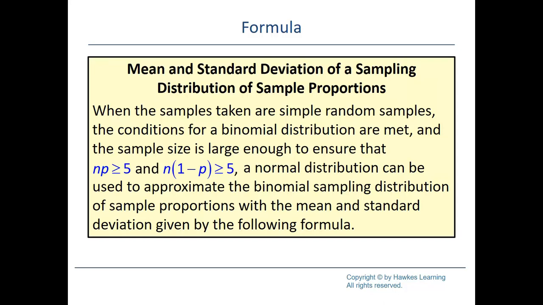But when it's starting off as binomial, there are some extra conditions that have to be met. One of those is that, in order to meet the binomial condition, n times p has to be greater than or equal to 5, and n times the complement of p, which is 1 minus p, also has to be greater than or equal to 5.